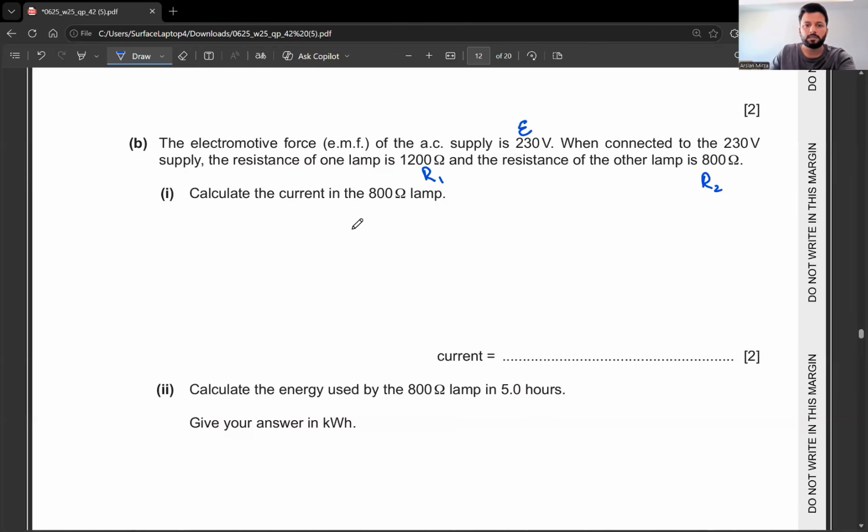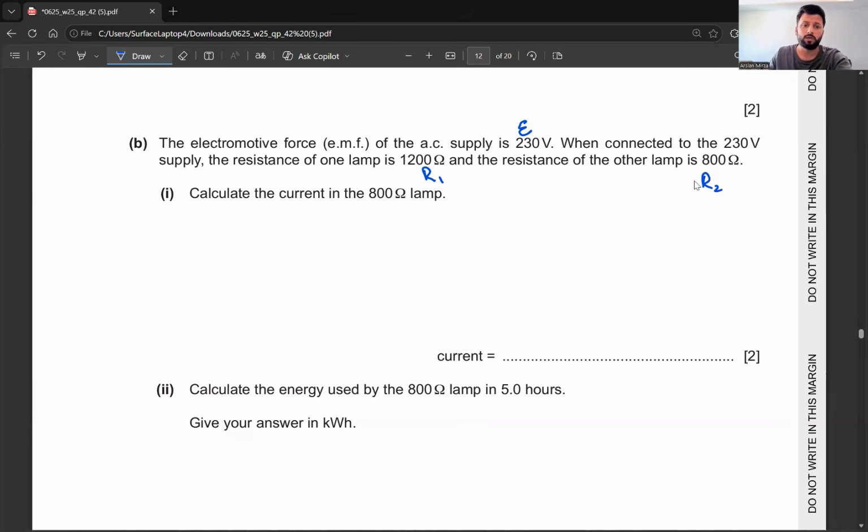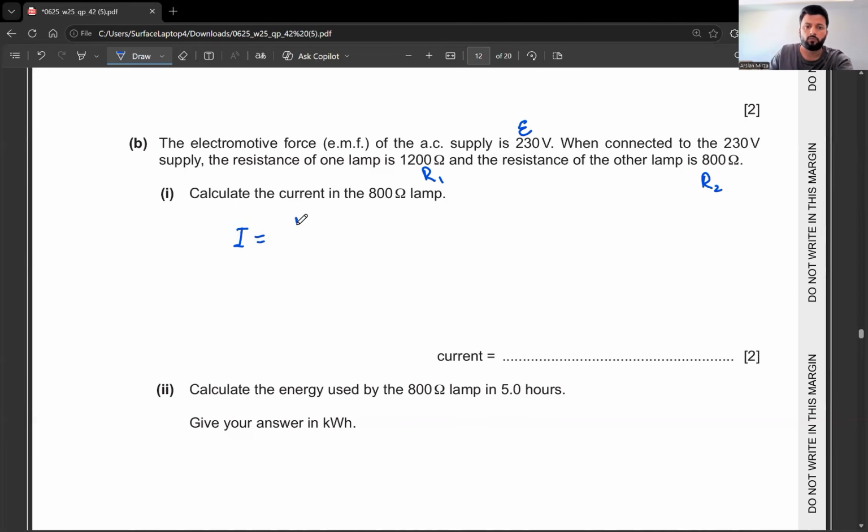Calculate the current in the 800 ohm lamp. So we will calculate the current in the second lamp. So here we can use Ohm's law. V is equal to IR, or I is equal to V over R.